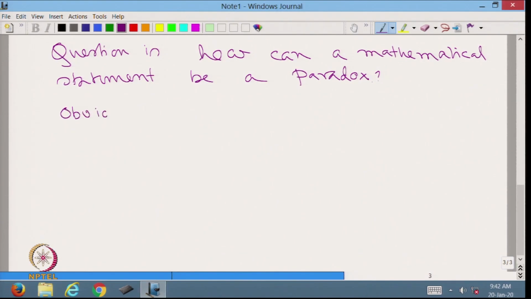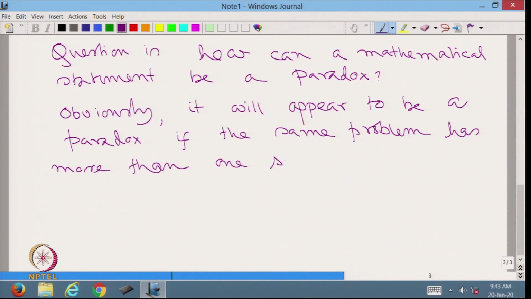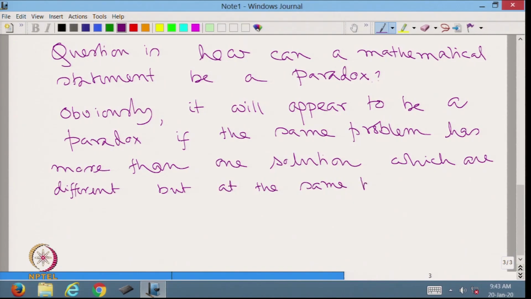Obviously, it will appear to be a paradox if the same problem has more than one solution which are different but at the same time are mathematically correct.